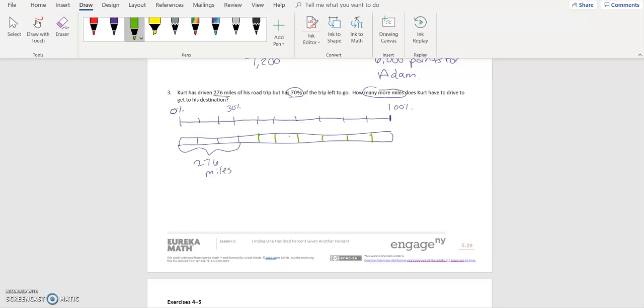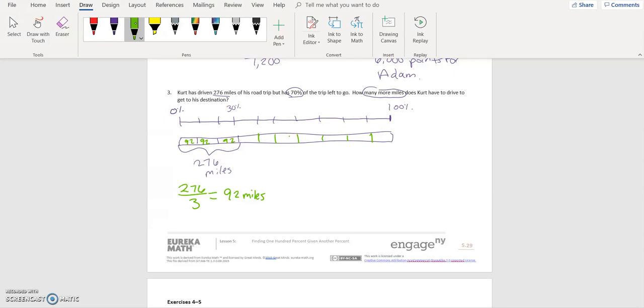There are 3 equal parts here, so we're going to divide 276 divided by 3, and that gives us 92 miles. Okay, so here he went 92, here he went 92, and here he went 92.